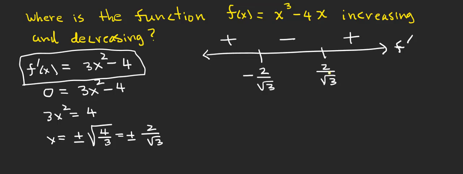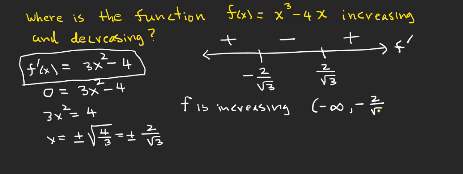So we know that f is increasing when f prime is positive. So f is increasing on the interval negative infinity to negative 2 over radical 3 and 2 over radical 3 to infinity.